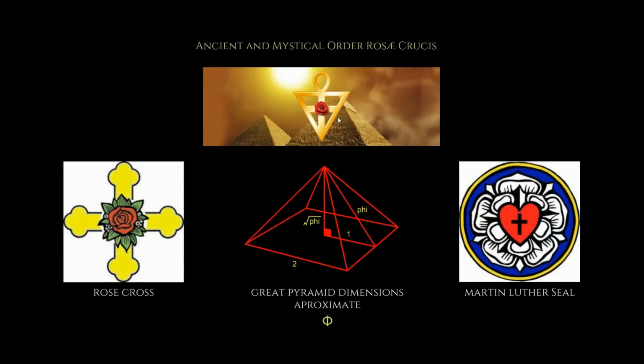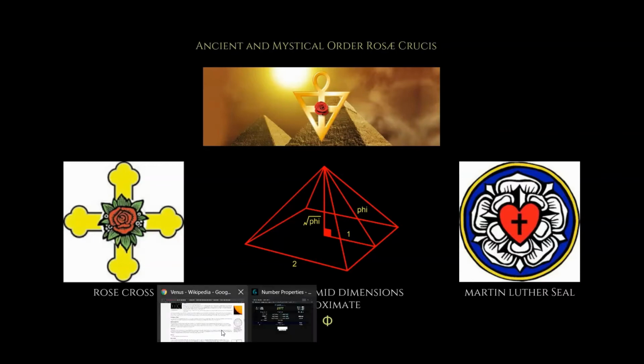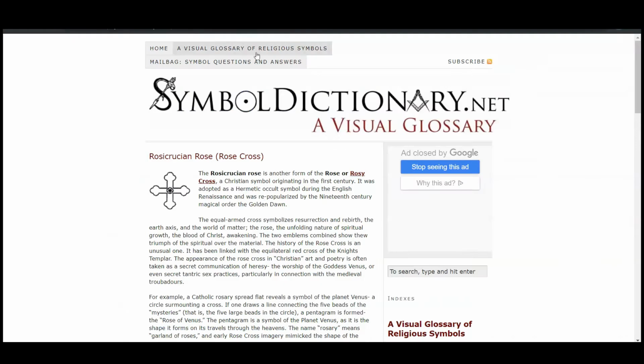The Rosicrucians, of course, borrow heavily, their belief system and knowledge, from ancient Egypt. And the Great Pyramid itself, the dimensions approximate phi as well. Also, the rose with the cross is the seal of Martin Luther. I can leave some links in the description if you want to read about the Rosicrucian rose, the symbol of the Rosicrucians. There's some interesting information on this website in regards to symbols.